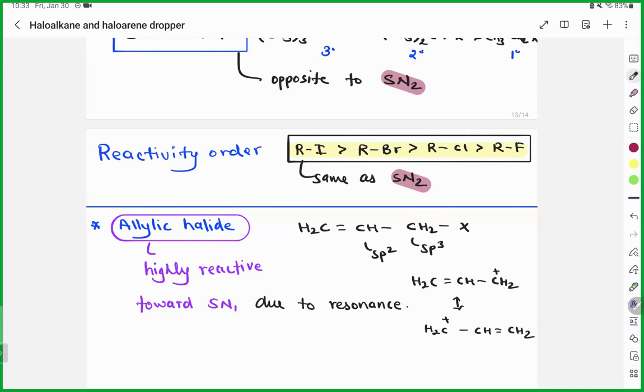The positive charge shifts from the first carbon to the third carbon. You can give numbering for convenience: 1, 2, 3. In the first diagram you had the positive charge on the first carbon, and in the second diagram on the third carbon. Two resonating structures, highly stable.